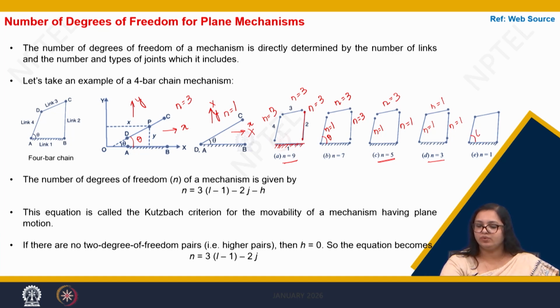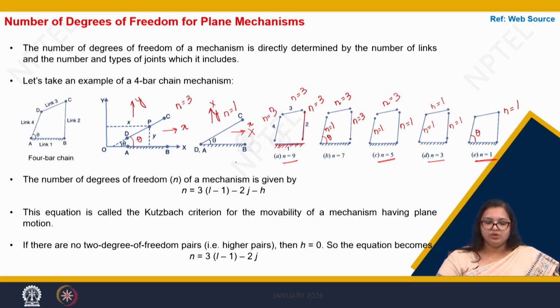There can only be one kind of motion, that is theta, and the others follow the motion that is given to one link. Hence our degree of freedom finally boils down to 1.